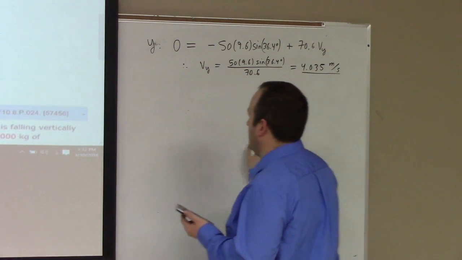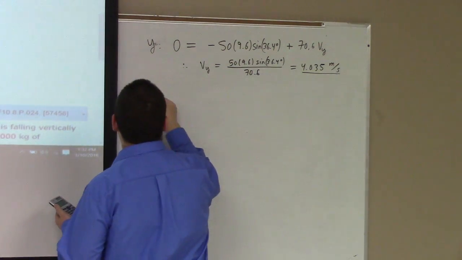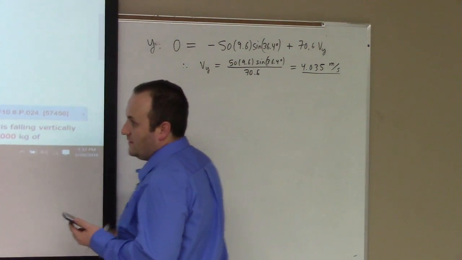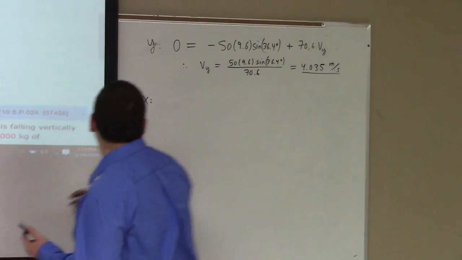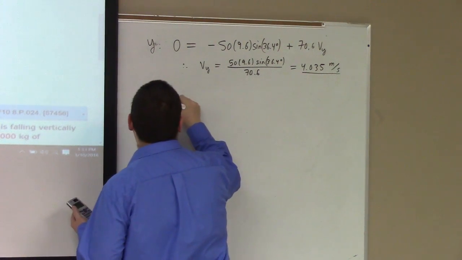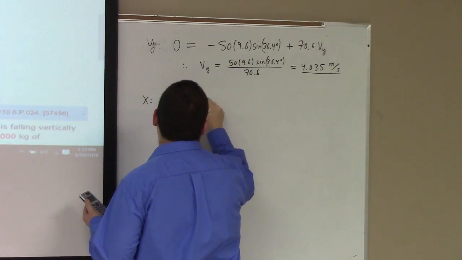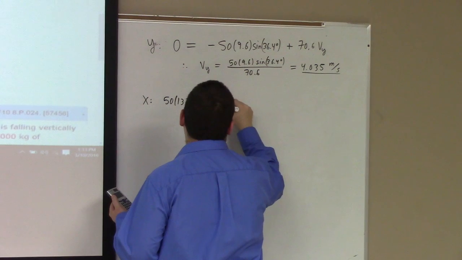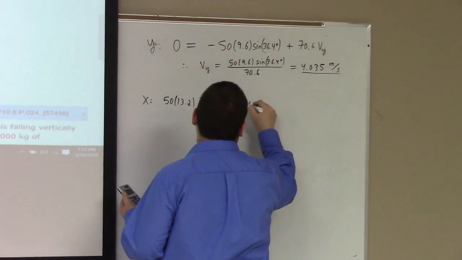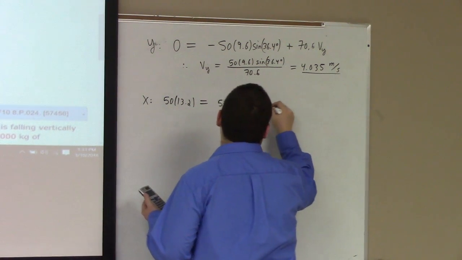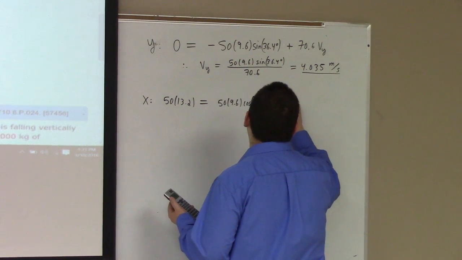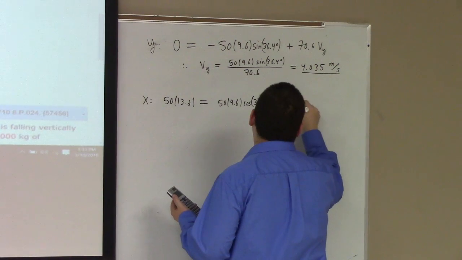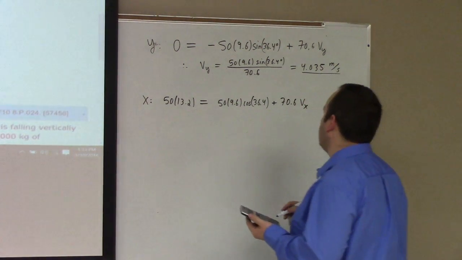Approximately. And in the x direction, we have a non-zero component to start with. On the left-hand side, I've got 50 times 13.2, which is equal to 50 times 9.6 times the cosine of 36.4 plus 70.6 Vx.